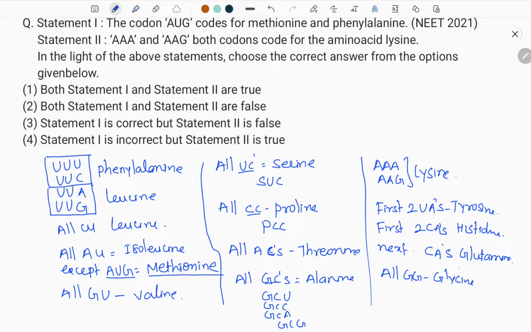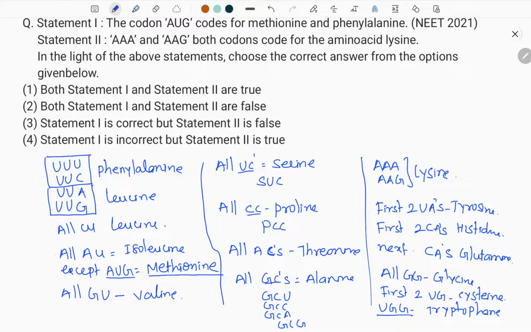You should remember here that the first two UGs will code for cysteine, and UGG will code for tryptophan. What is the specialty of tryptophan?